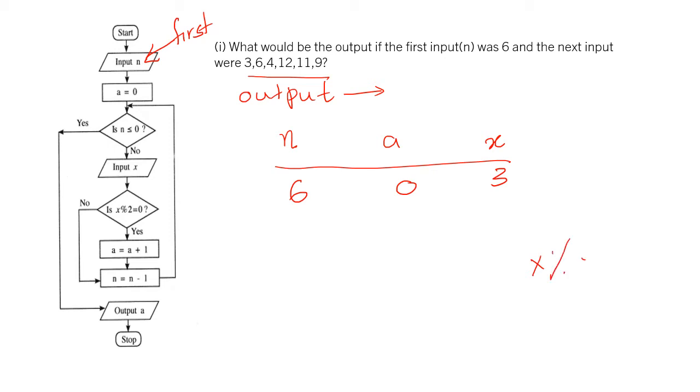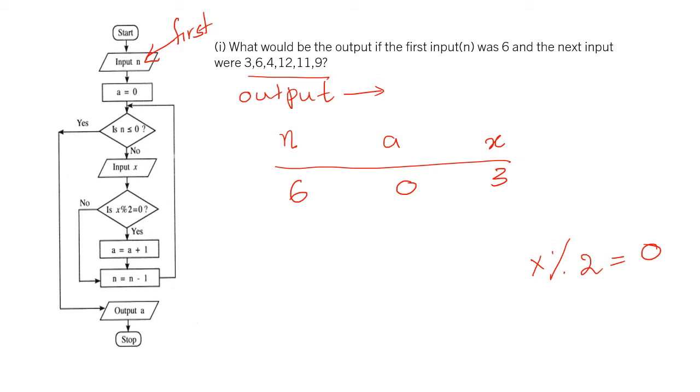Now when you go here, the next statement is this. X mod 2 is equivalent to 0. So that means x value is divided by 2 and we get the remainder. If the x value is divisible, you don't get a remainder. So remainder is 0. Then that is an even number. If the x value is not divisible, you get 1 as a remainder. So that is an odd number.